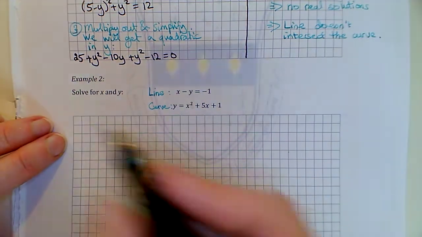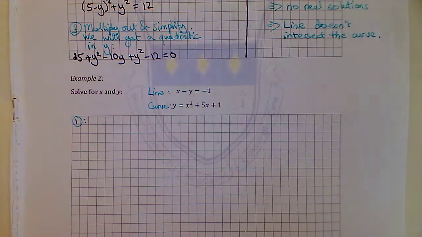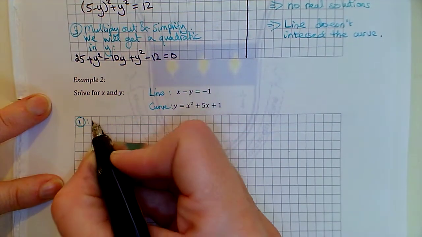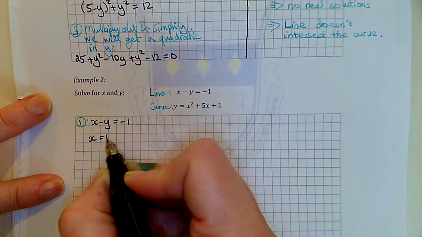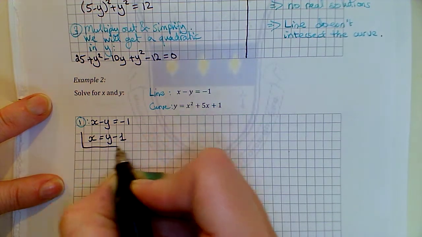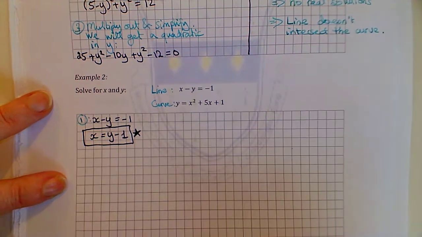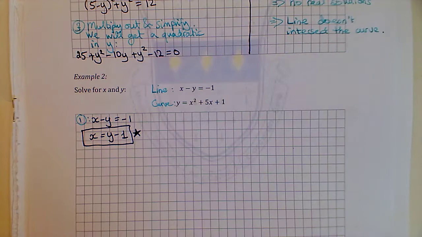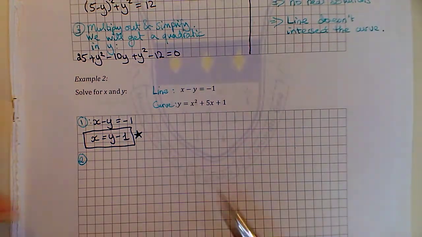So the first step is to rewrite my line to isolate x. So I rewrite x minus y equal to minus 1 as x equals y minus 1. I put that in a box. I'll put a star next to it. Then the second step is to substitute in for x in my curve.